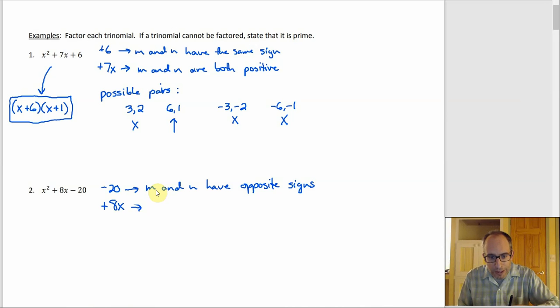So that means that the positive has a larger absolute value. I think of it in terms of absolute value, but if you want to think of it as being farther away from 0, that's the same idea. That's the way I think about that. And then we can go through our possible pairs.